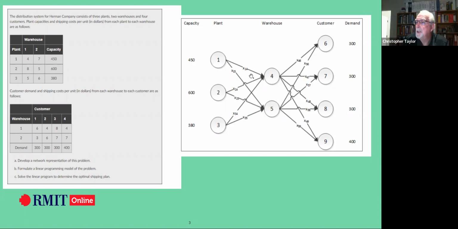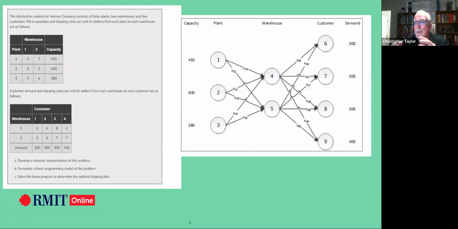And then with the number, we know straight away that the first number is node one, and the other number is the other node, basically where it's going.